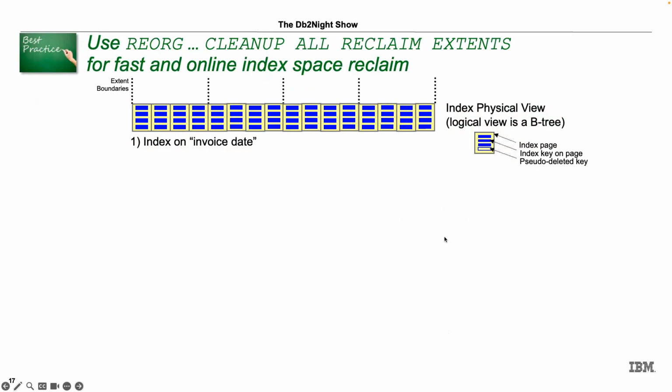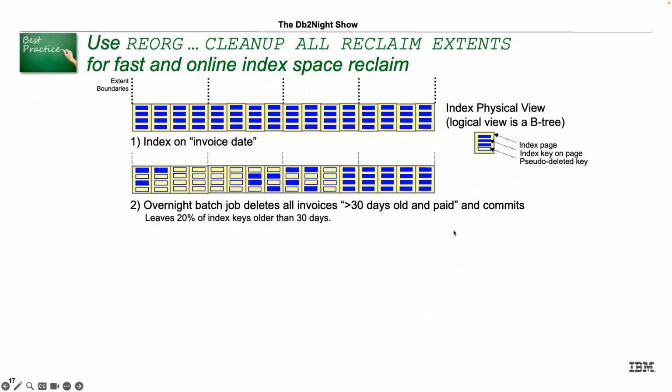So this slide will show an example of a best practice to reclaim index space online with reorg indexes, cleanup all, and reclaim extents. We have an index on invoice data. After a batch delete, many pages are left sparse with pseudo deleted keys.